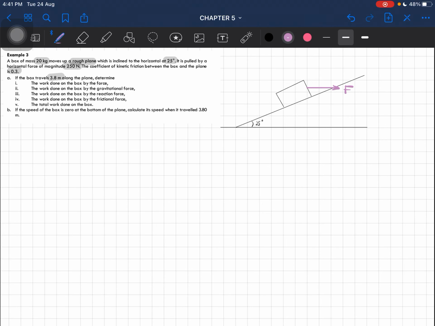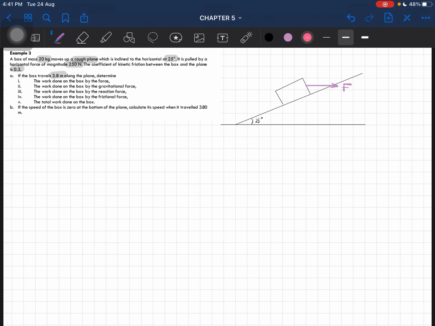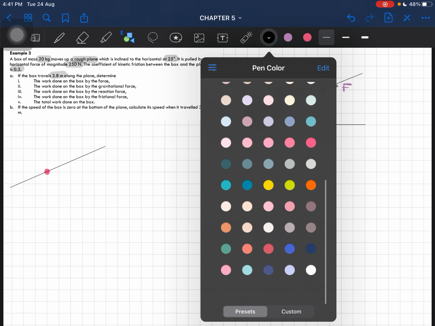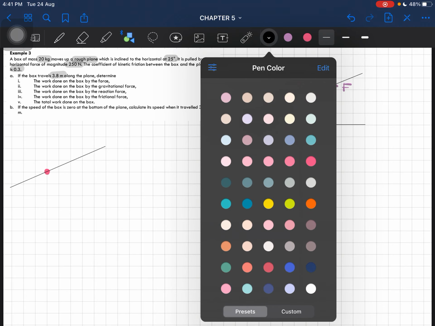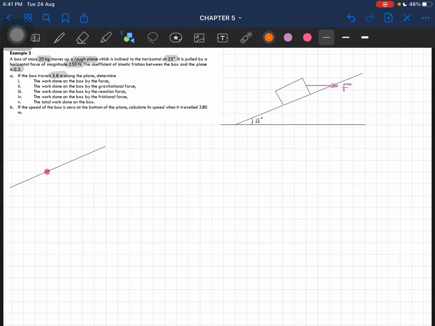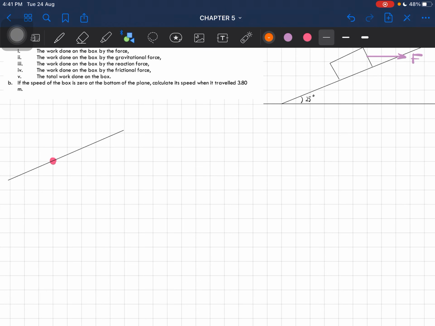Anything else? No. Okay, now we have to draw the free body diagram. So this is our object, and then let's draw the inclined plane, something like that. Now let's draw the forces. I'll do it with orange. Of course we have weight because dia sudah bagi kita the mass.